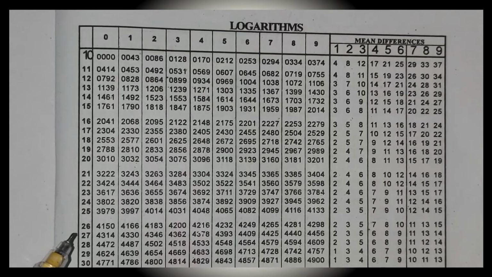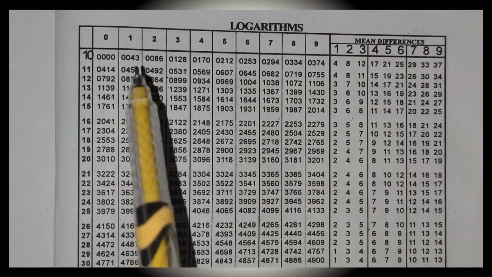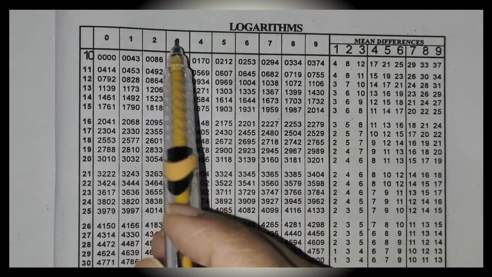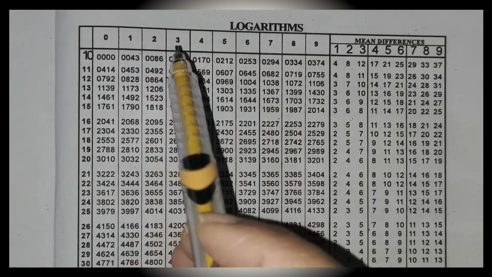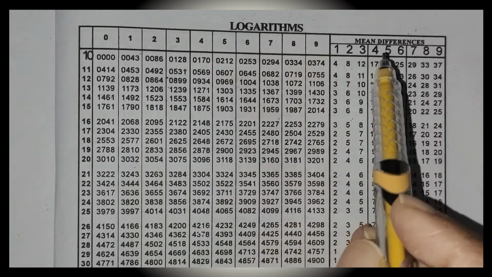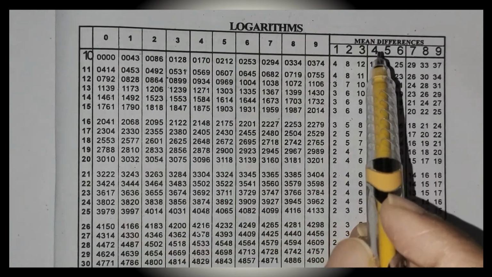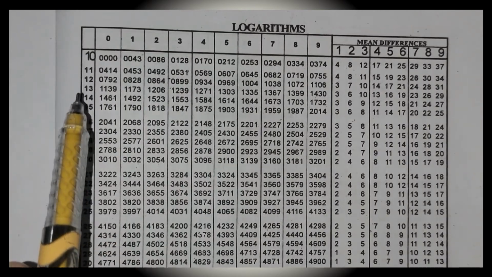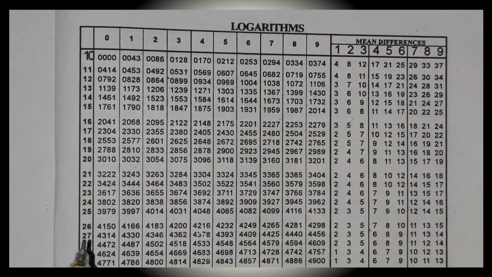So we have to find that 53 in these row headings. Then the third digit 3 is this one, that is the column heading. And then the next digit is 5. And we have to look into the mean difference column for that 5. See, here this 5.